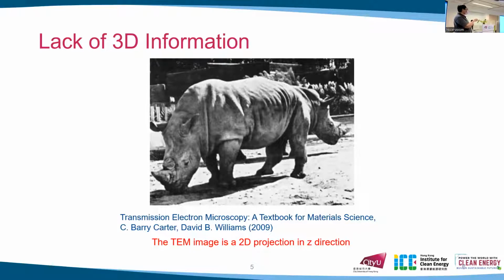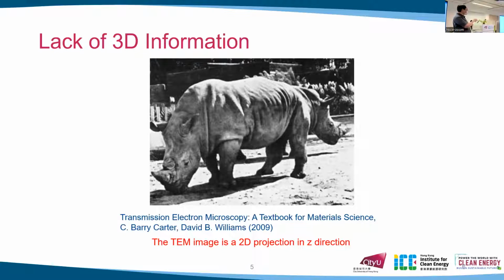But in TEM, usually we don't know the 3D structure of materials. Because it's a 2D projection, we need to be aware of this, or we will probably give a wrong interpretation.